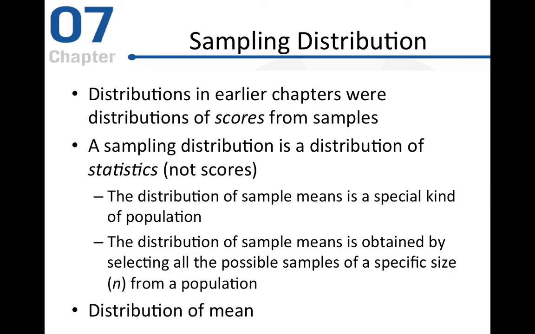So the distribution of sample means is a special kind of population. What that basically means is that if you were to resample over and over and over again, what does that look like? That is a unique population that we can infer information about. The distribution of sample means is obtained by selecting all the possible samples of a specific size N from a population.